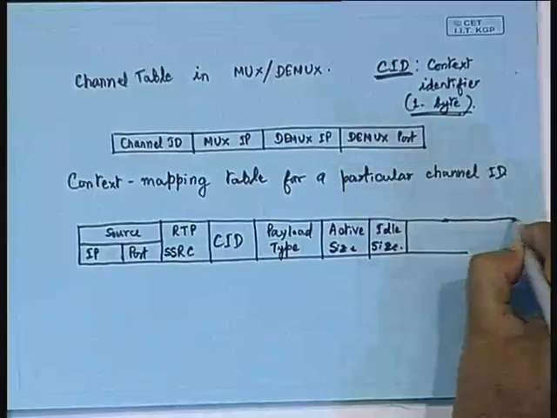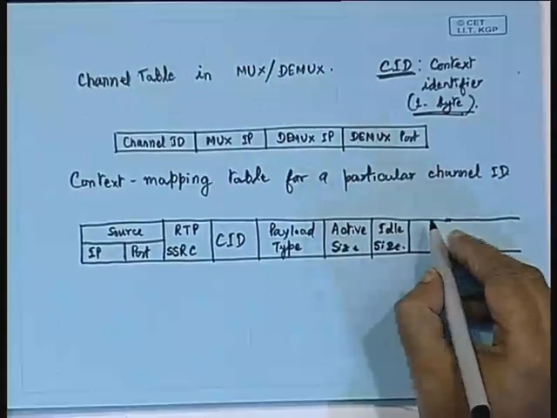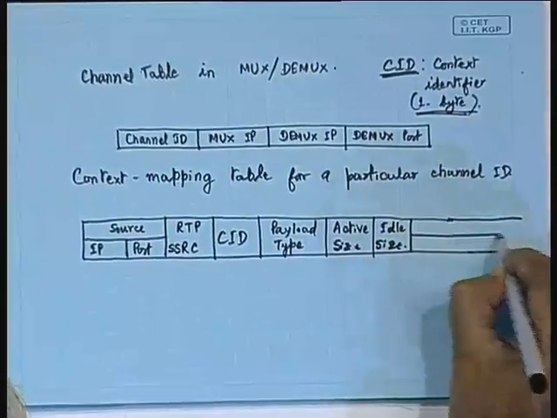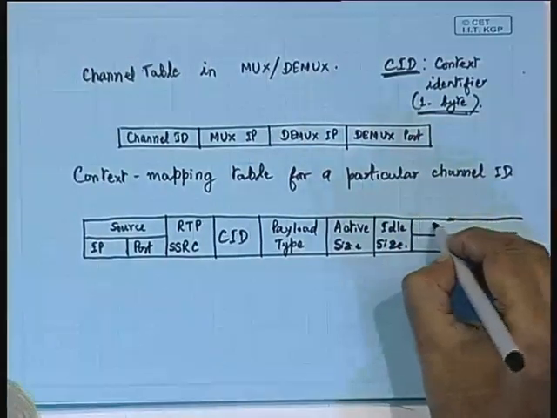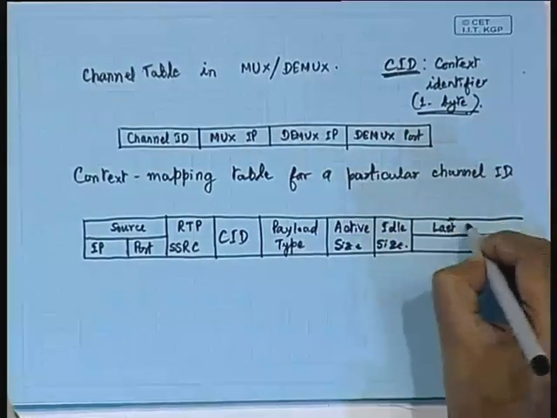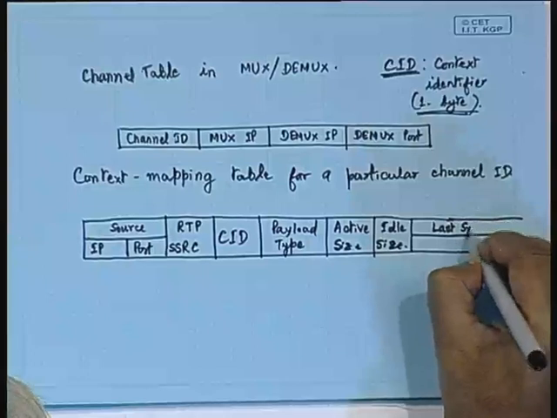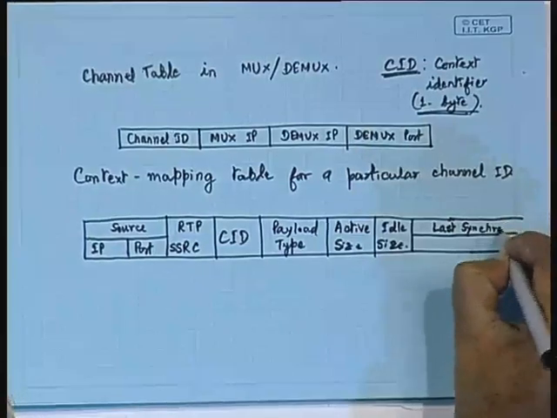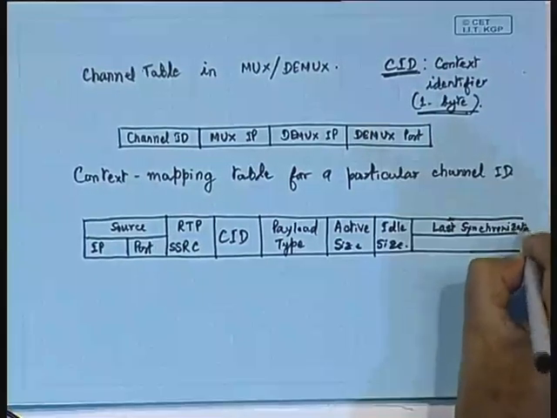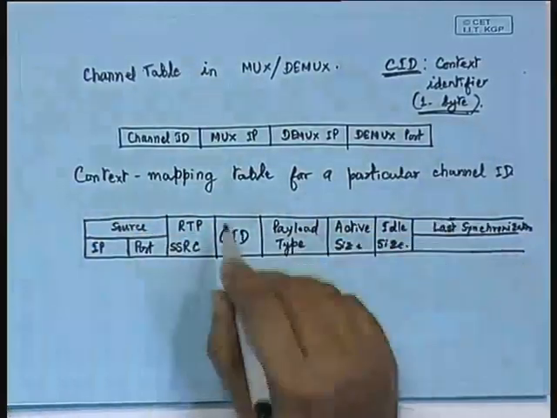But where we have to again note some information is that some information corresponding to the last synchronization is also necessary to be recorded in this context mapping table.